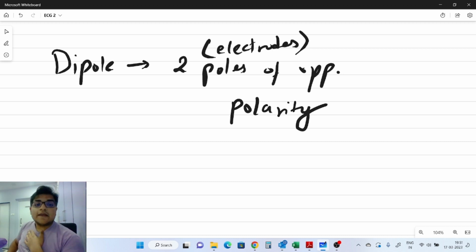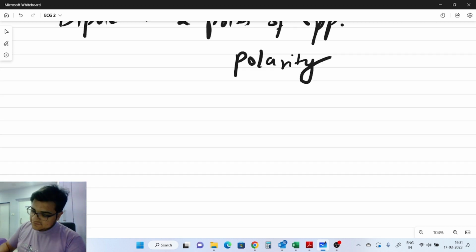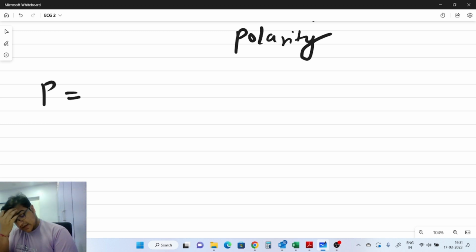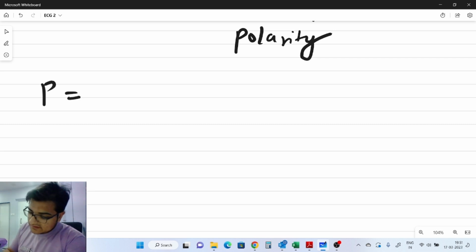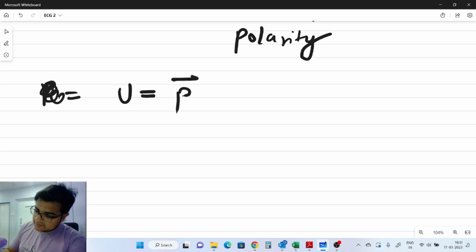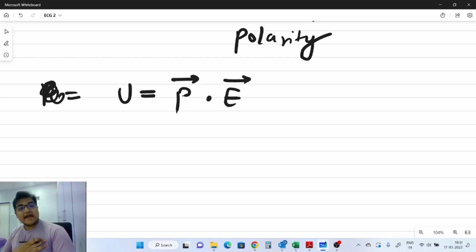Now a dipole, when it is kept in an external electric field, has a potential energy. By physics we go by U, potential energy, which is given by P dot E. What is P? P is the dipole moment and E is the external electrical field.